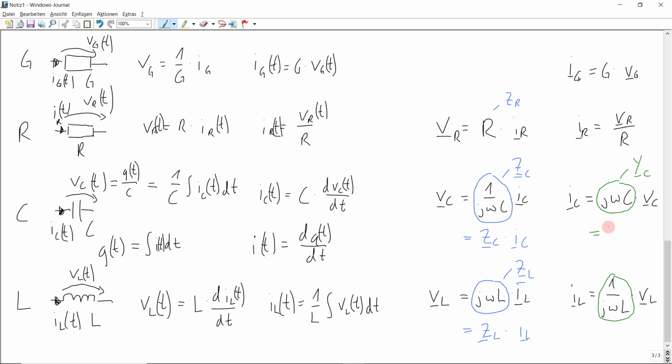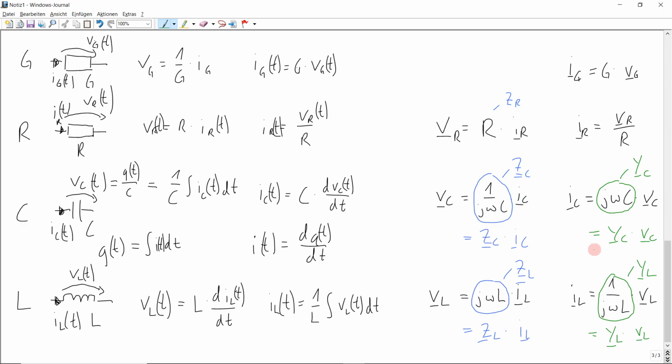So I could also just write it's YC times the voltage, or YL, the admittance of the inductor. And then this equation would be YL times VL. And so we get very simple equations once again for this.